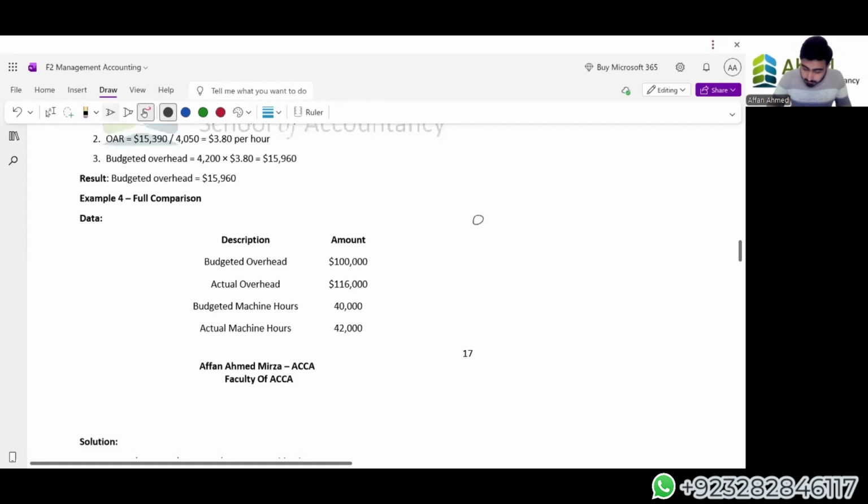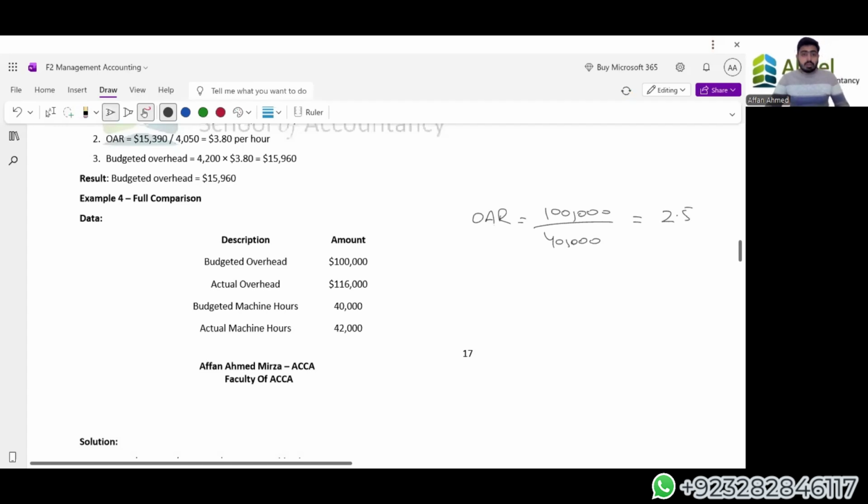OAR first step is 100,000 divided by my budgeted machine hours. My budgeted machine hours are 40,000, right? So my OAR will be 2.5.